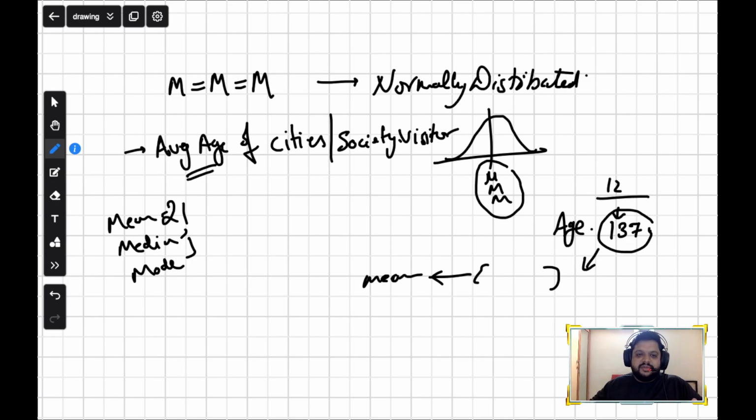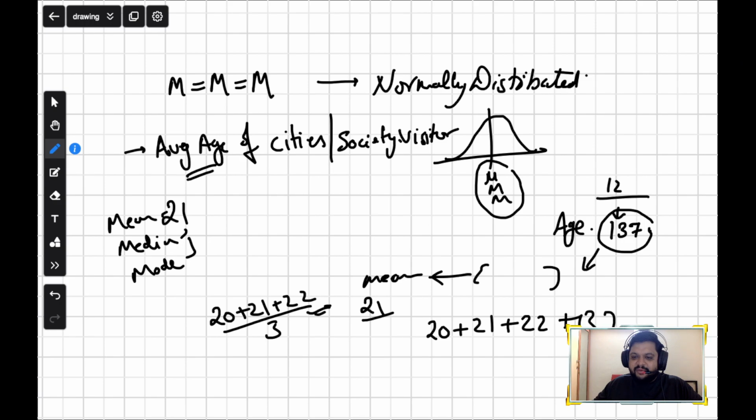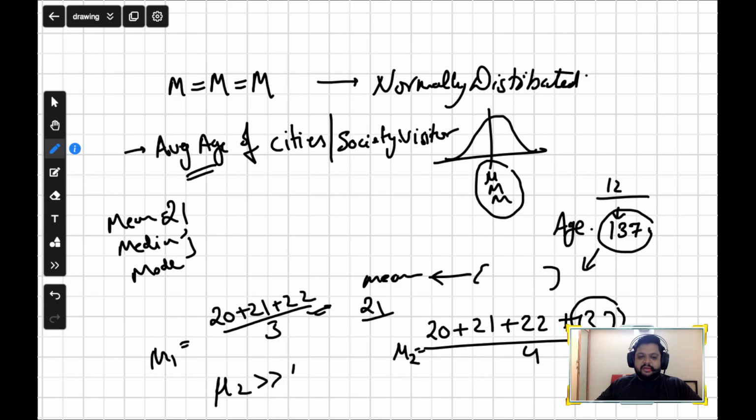For example, 20 plus 21 plus 22 divided by 3 comes to 21 as the average. Now if I add 137, then 20 plus 21 plus 22 plus 137 divided by 4. You can see how this one number changes the mean: suppose this was mu 1, then mu 2 is going to be very, very high compared to mu 1.